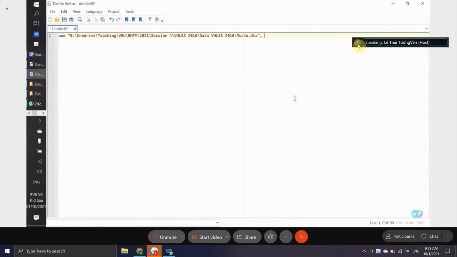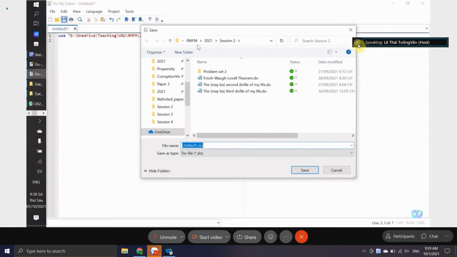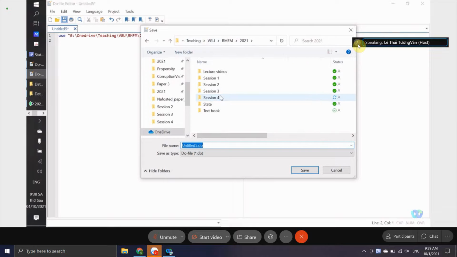Now, I would recommend that you include the subcommand clear at the end of your command. So if you have some unsaved data in memory, Stata will clear that and import the new data. This is actually a dangerous command.